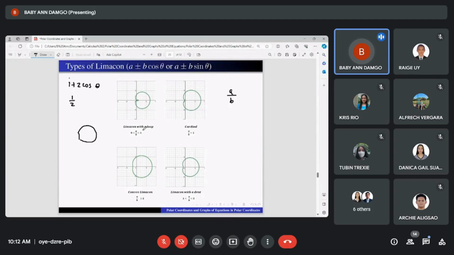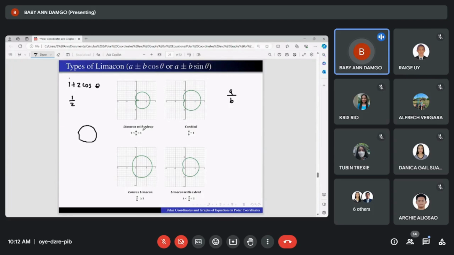If A over B is between 1 and 2, but walay labot ang 1 and 2, so we have a limason with a dent. So another term ani class kay dimpled limason. So mura siya na dimples. Okay?